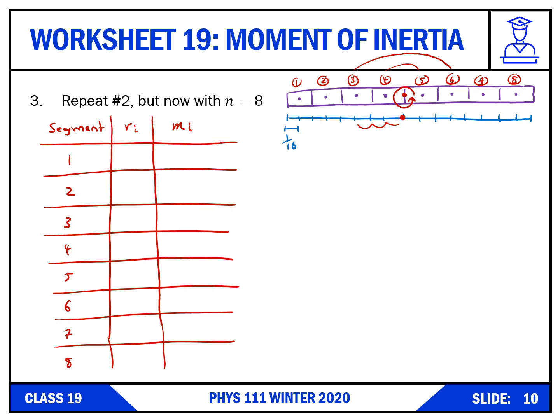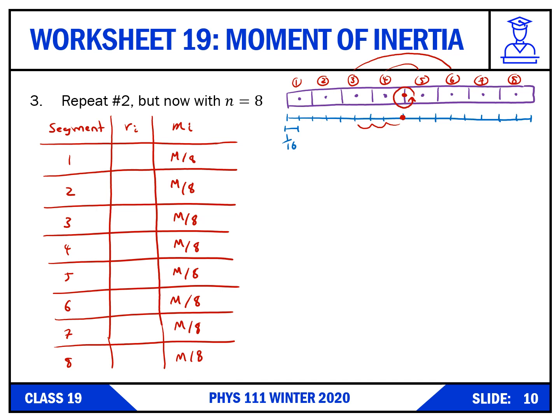So the easiest thing is the mass. It's broken up into 8 pieces, so each of these is just going to be M over 8. The only thing that's going to be different is the distance away from the axis of rotation.